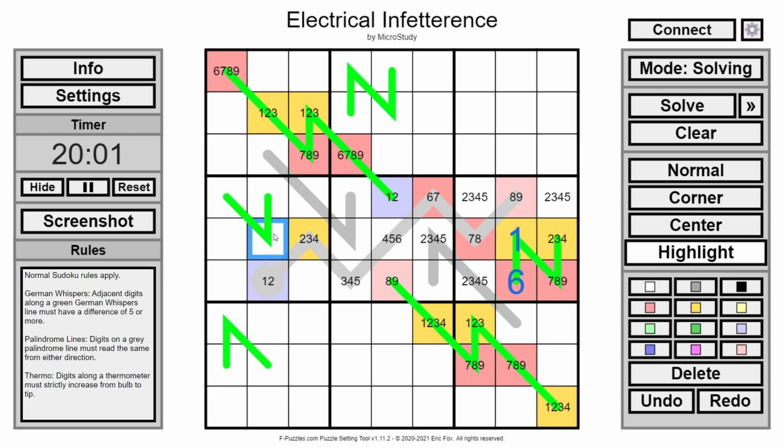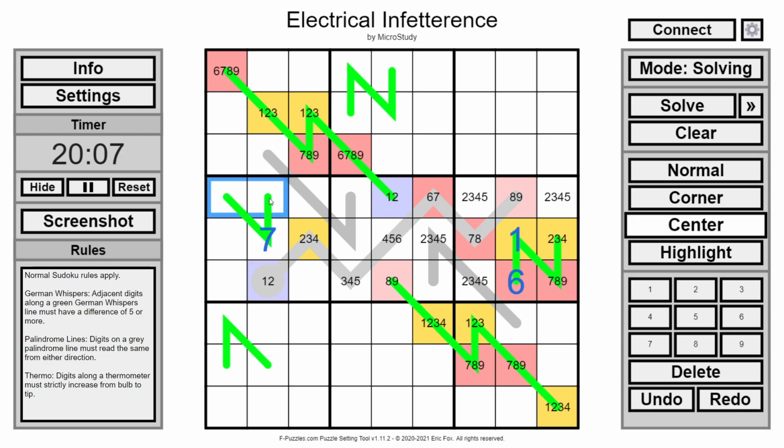So this digit is anything but 4, 5, or 6. It can't be 7 either, because a 7 would require 1 and 2 digits next to it, and then that would be obviously 3 1s and 2s. So this can be anything except for 4, 5, 6, 7. For whatever little that helps.